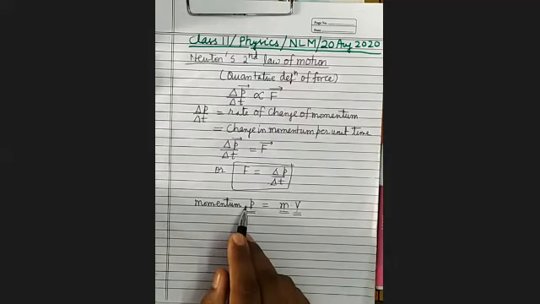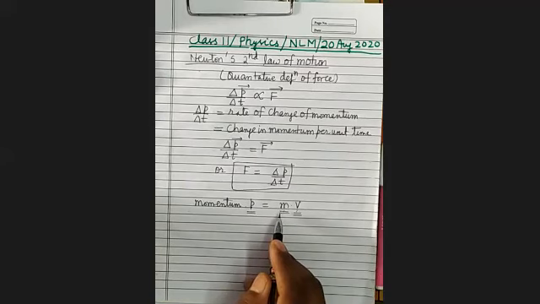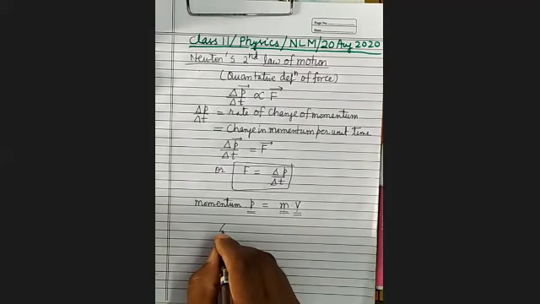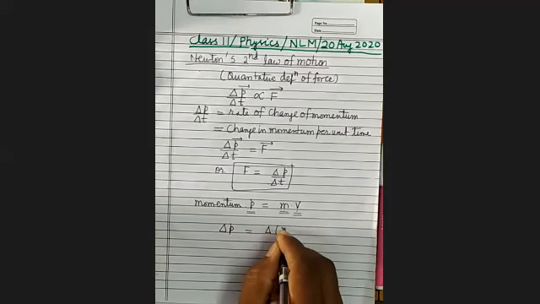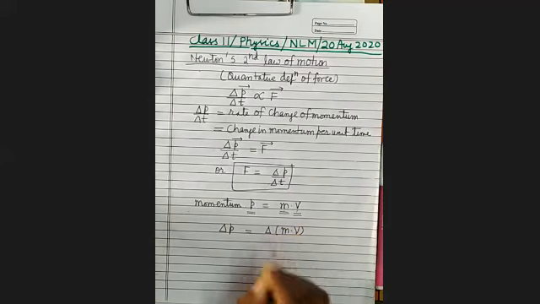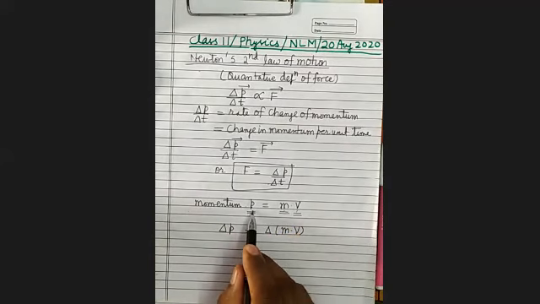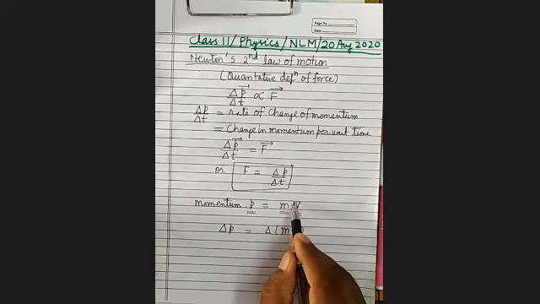So change in momentum can take place because of the change in velocity as well as change in mass. That's why delta P is written like delta of M into V. It's clear?